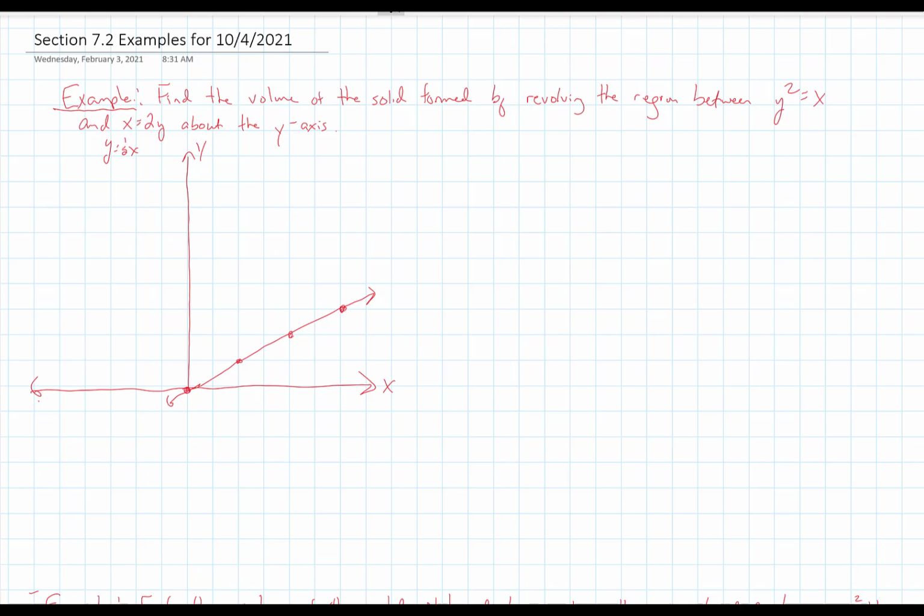And then we have the line y squared equals x, which is the same thing as y equals the square root of x. And so we end up with this graph.